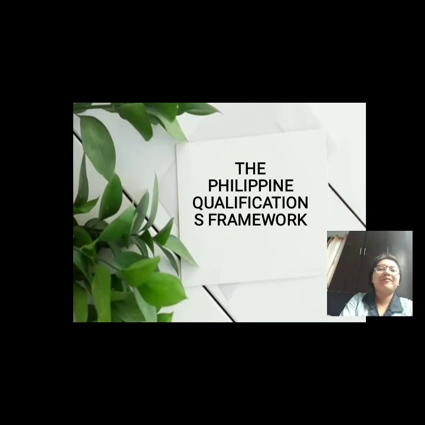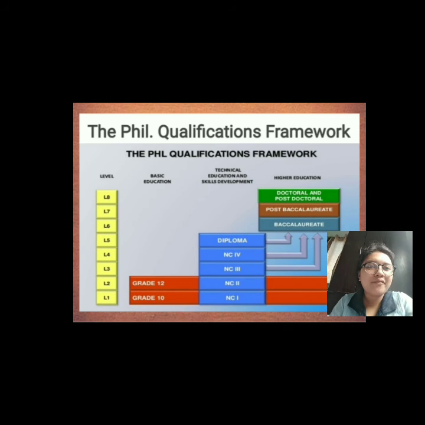We also have the Philippine Qualifications Framework. This chart here is from Sir Gerald. Thank you for this, sir. Level 1, grade 10, they get an NC1, more on skills. Level 2, grade 12, they get an NC2. You can choose your own strand, either HUMSS, ABM, TVL, STEM, and so on.